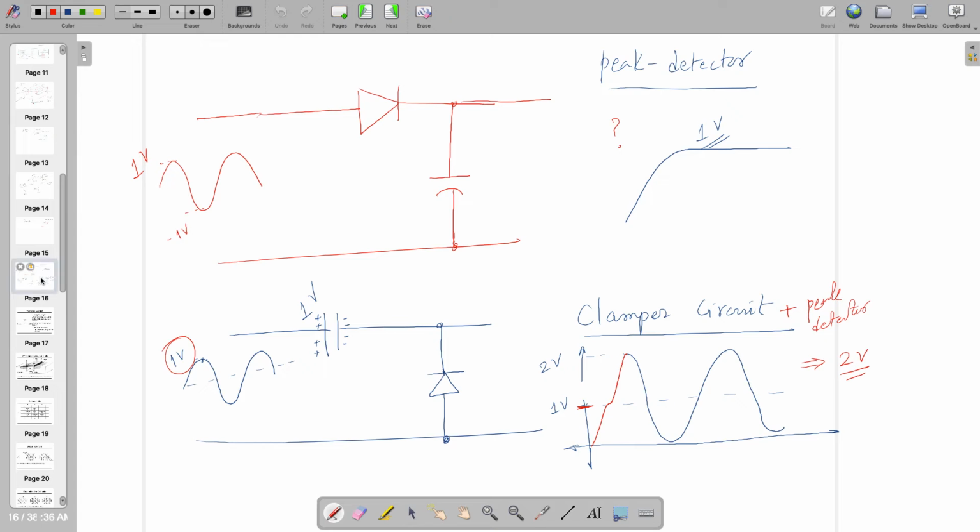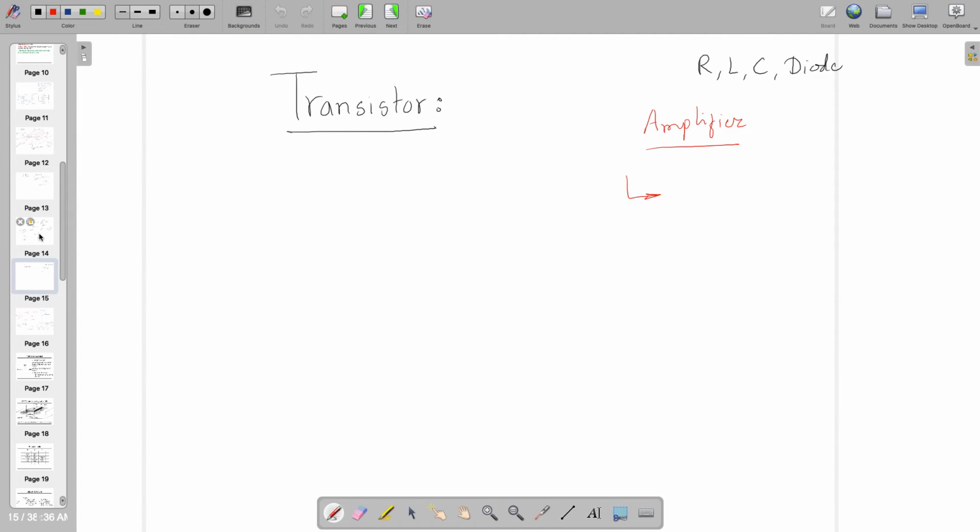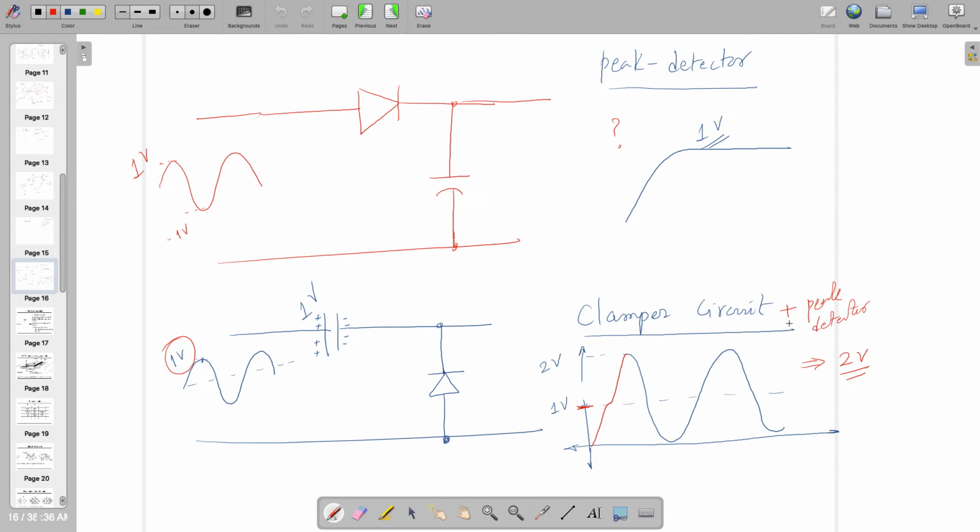So the claim that RLC and diode circuits cannot amplify does not hold over here. By the way, what circuit did I make? Clamper plus peak detector is known as a voltage doubler circuit. So it doubles the voltage in the ideal case.